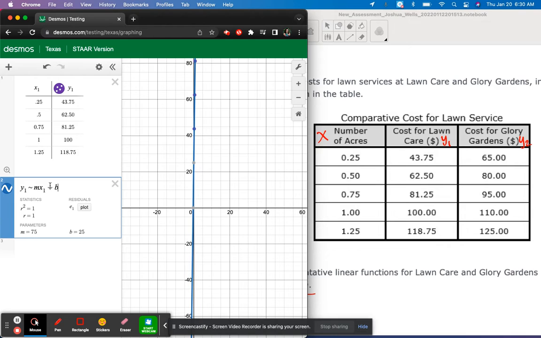And the two things that we need from this, or these answers, is your m and b. So we need m and b.